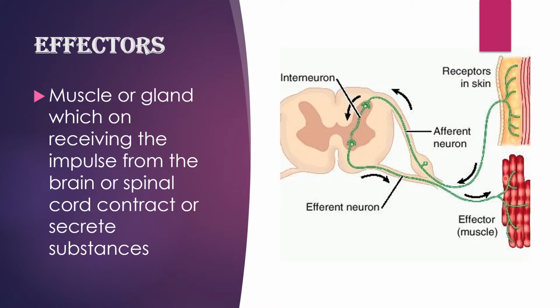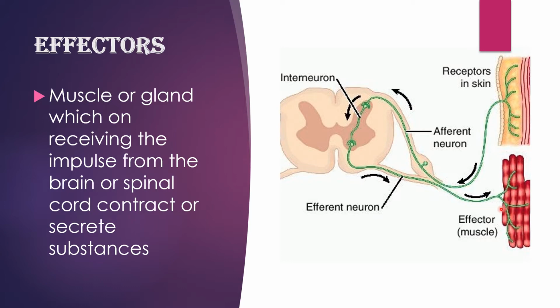Then this muscle or gland we call effectors. They receive the impulses from brain or spinal cord through the nerves or through the neuron.